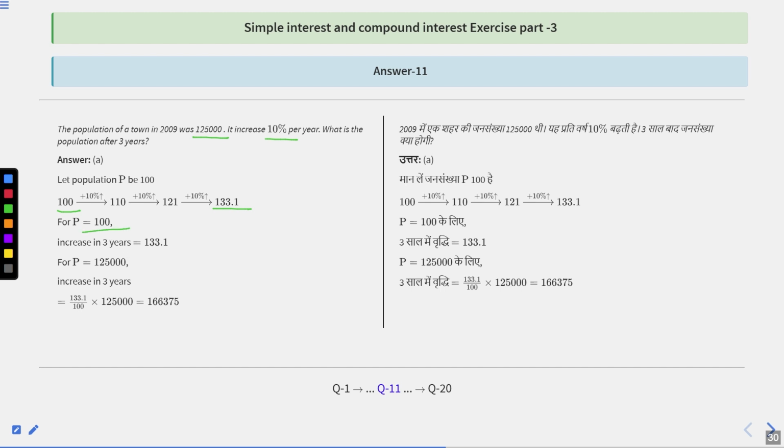For P equals 100, the population in 3 years is 133.1. So if the population is 1,25,000, the population after 3 years is 133.1 upon 100 multiplied by 1,25,000. So it becomes 1,66,375. So A is the correct answer.